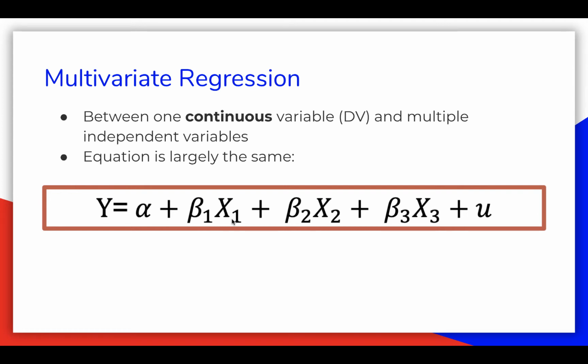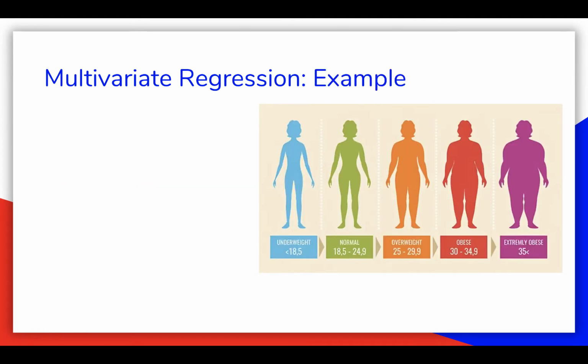So let me give you an example real quick. Say that I am interested in body mass index, right? And that is a measure that is your weight divided by your height times a constant. So in this case, if your BMI, body mass index, is under about 18, that's considered underweight.